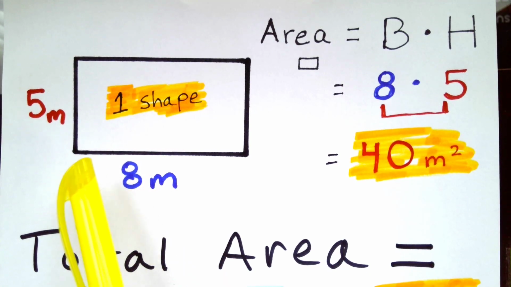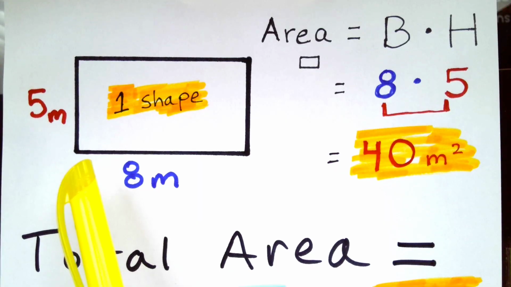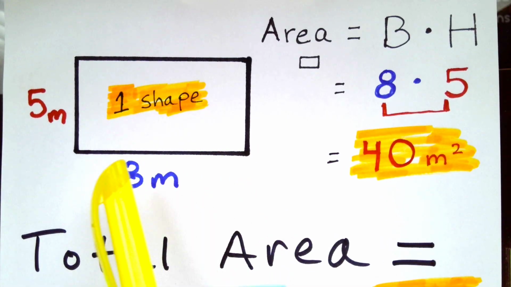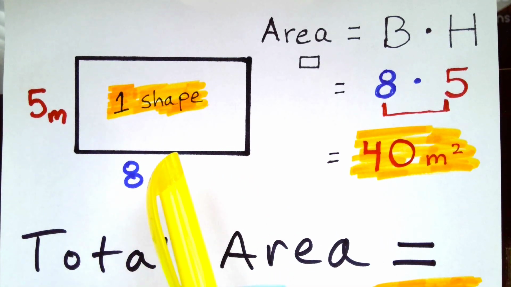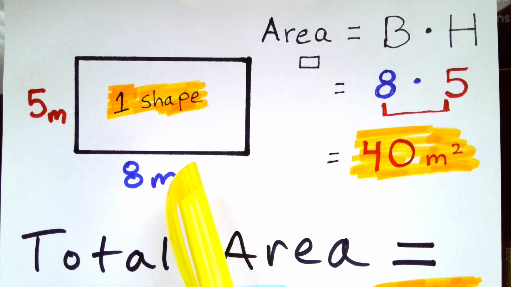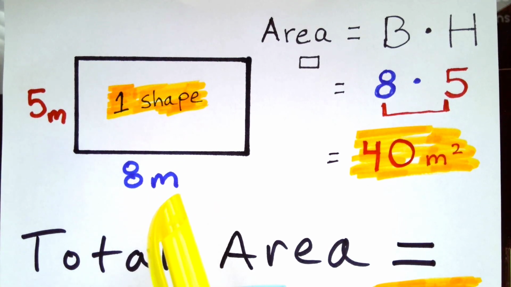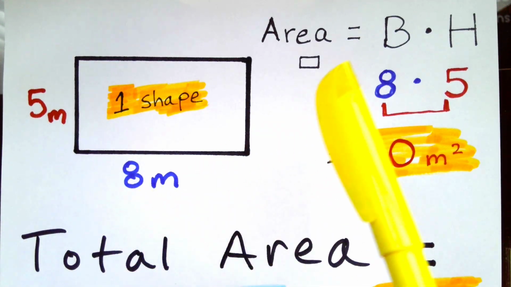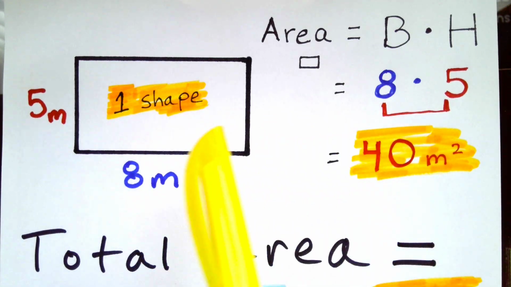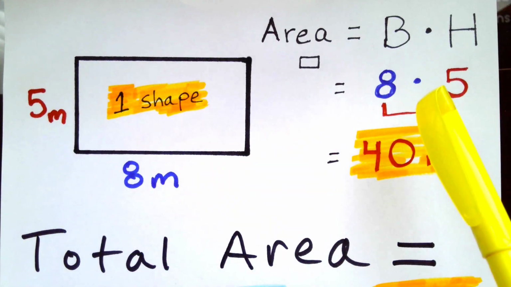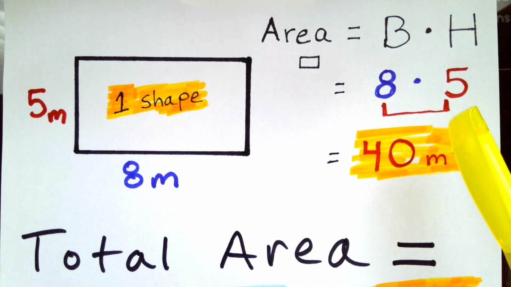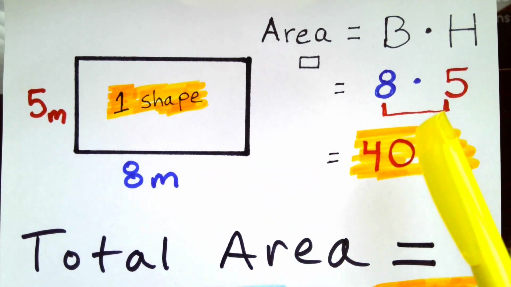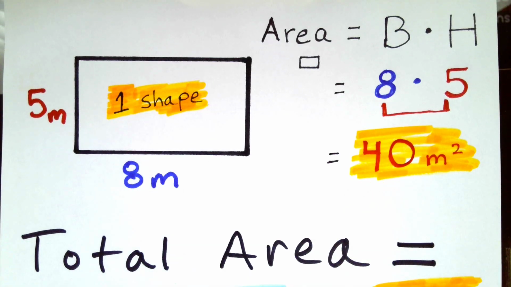The height of that triangular prism was 8. Whew, I got to gather my thoughts here. So again, base times height. My base is 8, I'm going to substitute my base value in the formula. My height is 5, I'm going to substitute my height value in the formula. What's 8 times 5? That's 40 meters squared. Remember, meter times meter gives me meter squared.